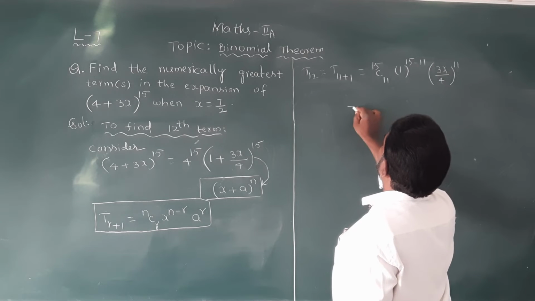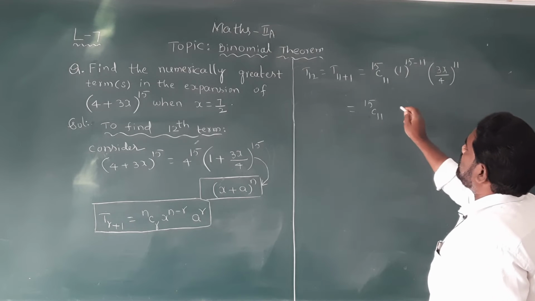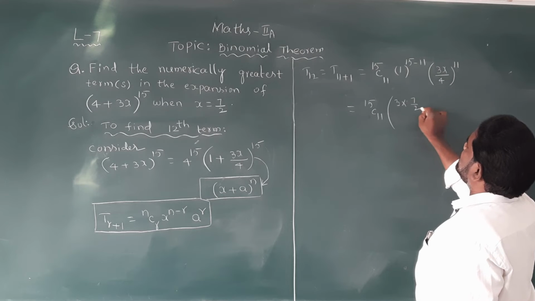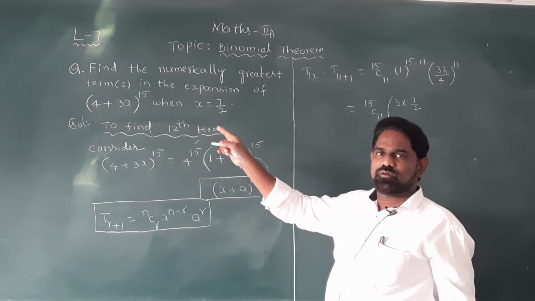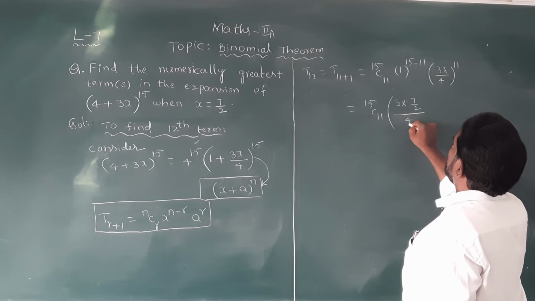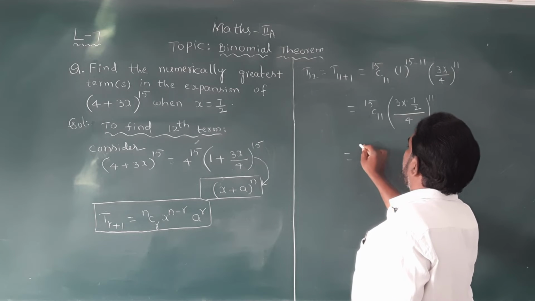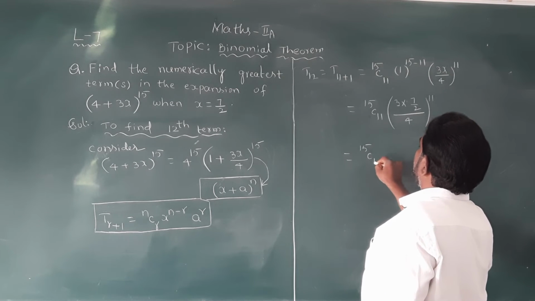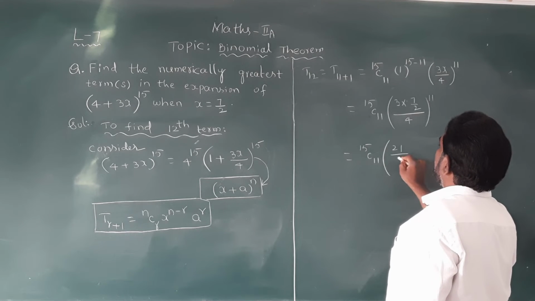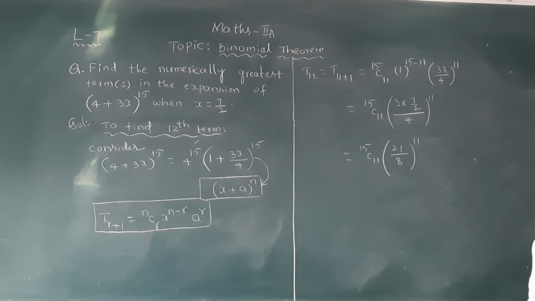This can be taken as 15C11, 1 power some value, leave it. 3 into the x value, what is given according to the question? 7 by 4, whole power 11. This can be taken as 15C11 into 21 by 8, whole power 11.